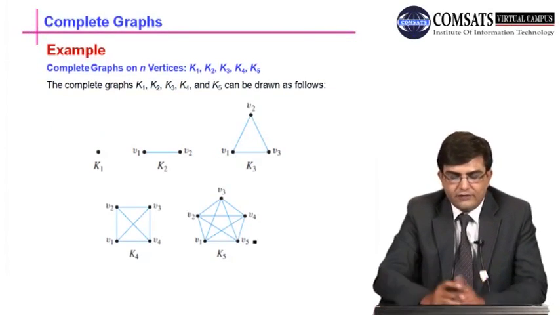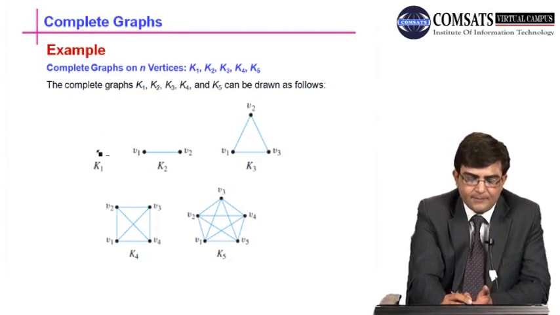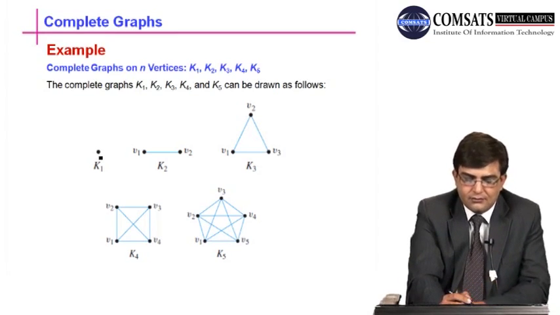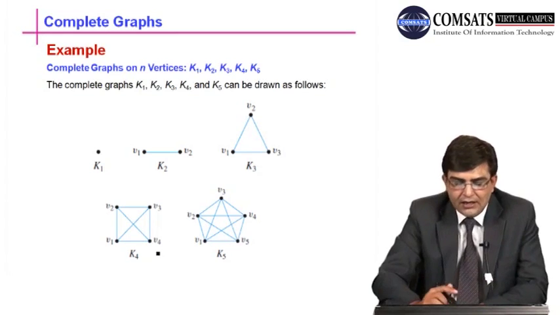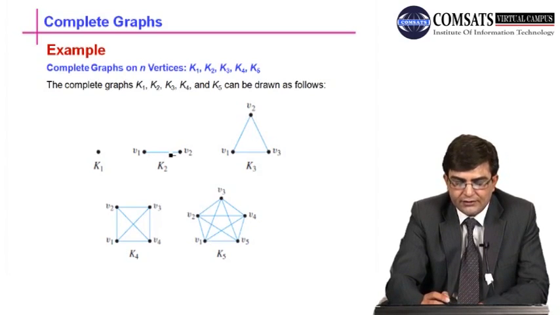If we have one vertex, then a complete graph of one vertex is basically the same vertex, because you can say it is connected to itself. If you have a graph which contains 2 vertices and we have to plot it, then the complete graph has one edge which connects these 2 vertices.